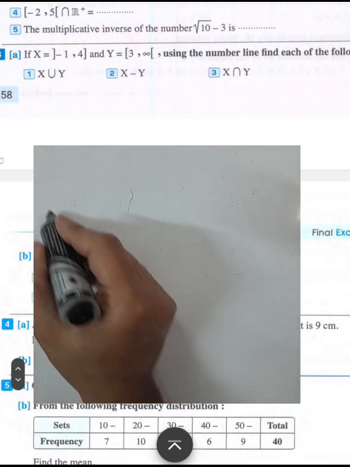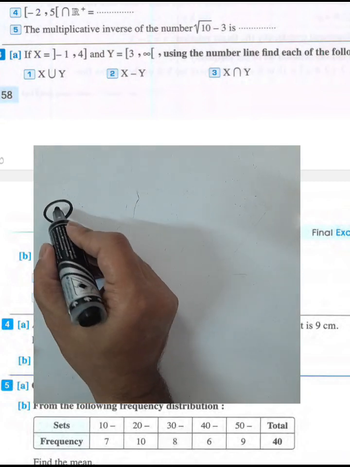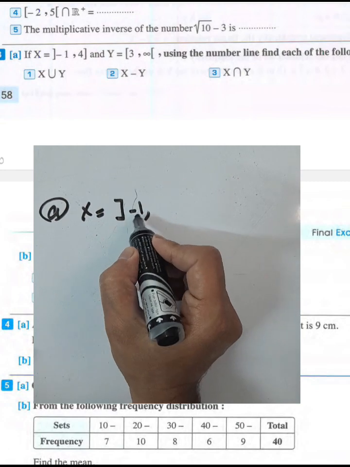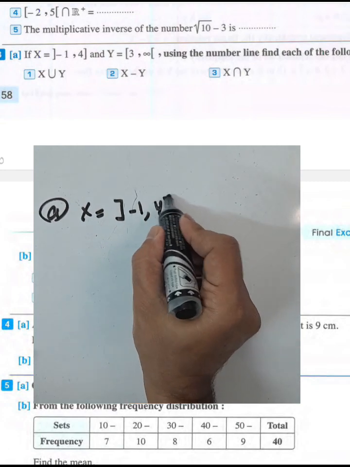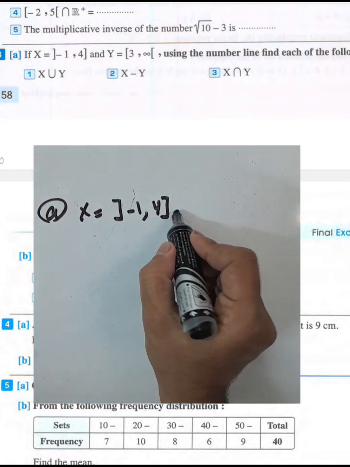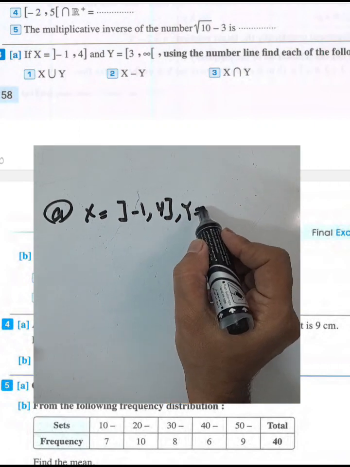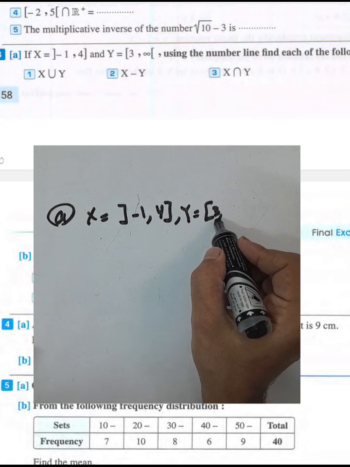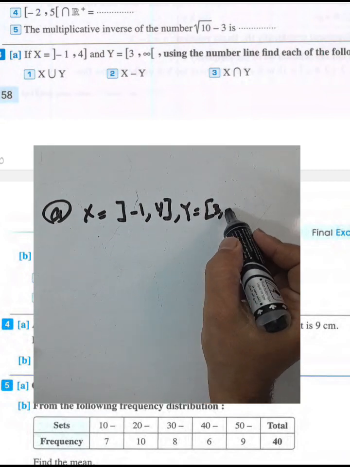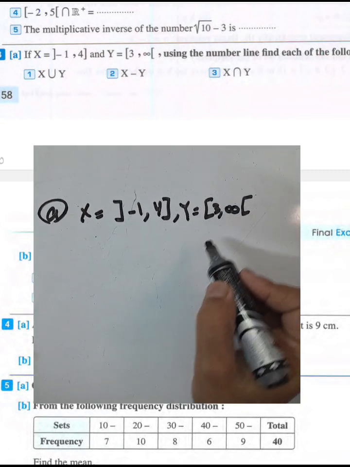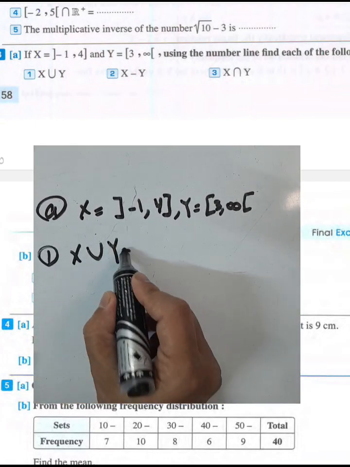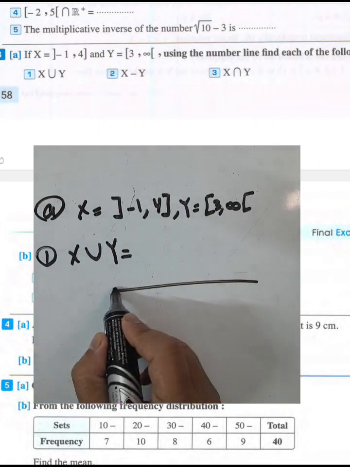Now the next question, letter A. We have x equal to the open interval from -1 to 4 closed at 5, and y the half-closed interval from 3 closed to open infinity, and you want to find number 1 by using a number line: x union y. We can draw the number line here.